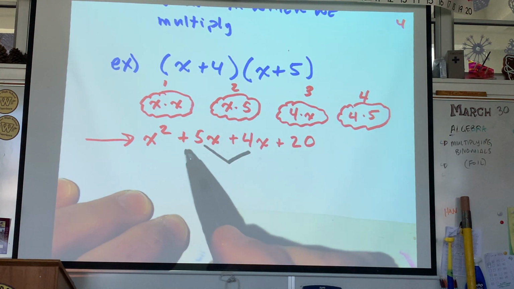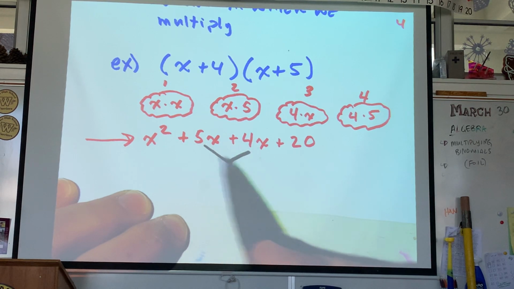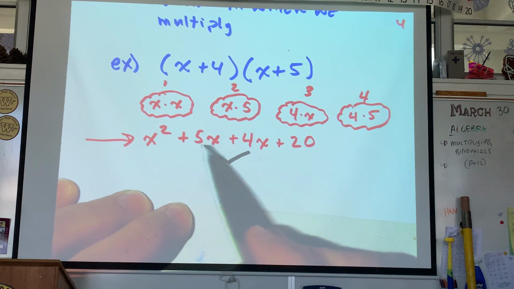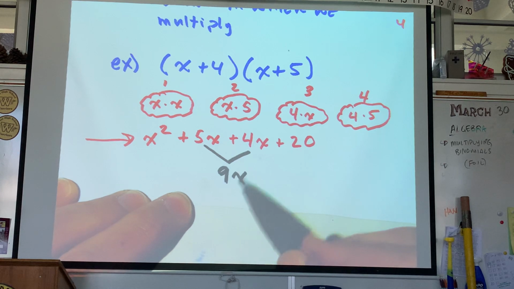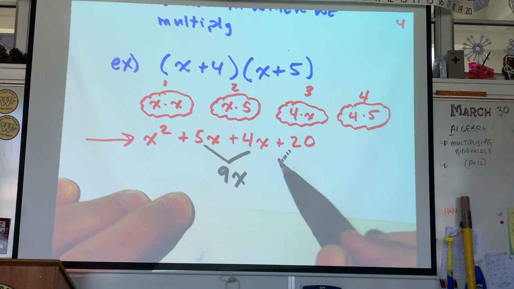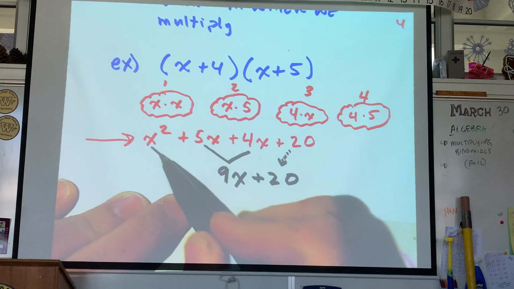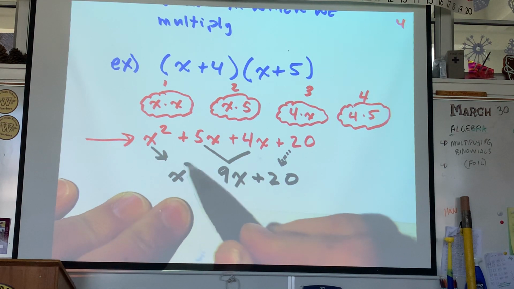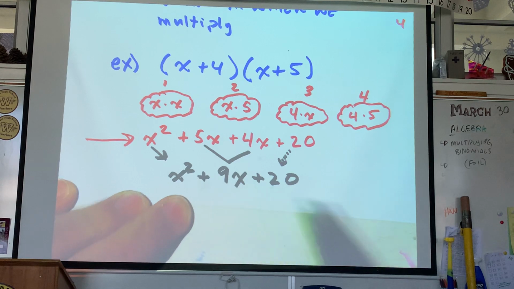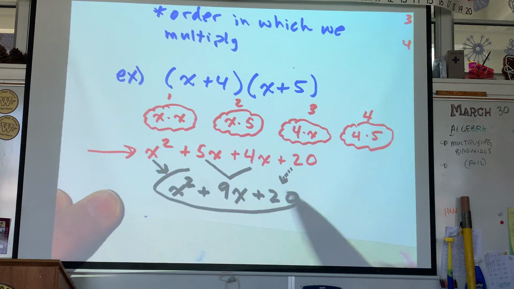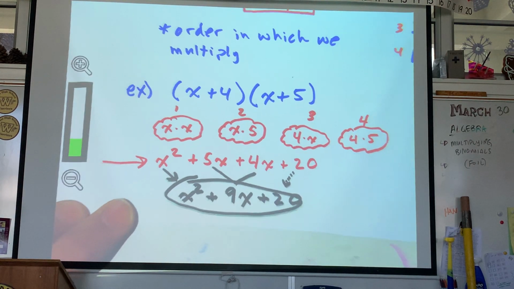You're going to take the integers and add them up or subtract them up and keep the same last letter. 5x plus 4x is 9x. The positive 20 is going to drop. And the x squared is going to drop. There is our answer for our first one.